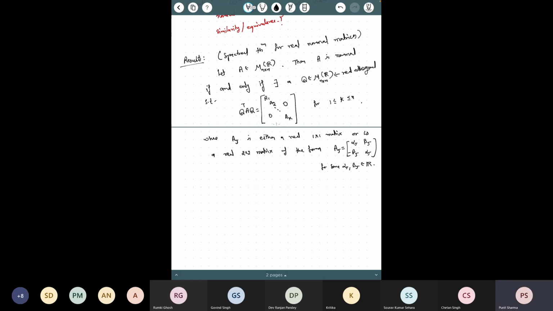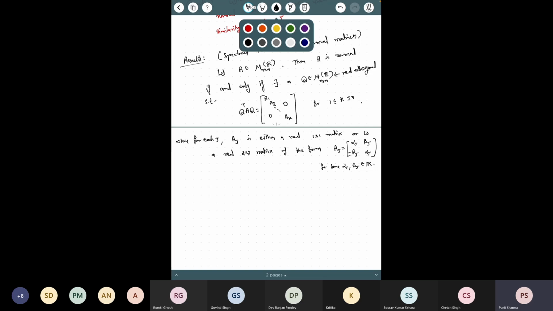So I can write here, where for each j, A_j is either a real 1 cross 1 matrix corresponding to a real eigenvalue of A, or a real 2 cross 2 matrix corresponding to a complex conjugate eigenpair of eigenvalues of A. So this is an if and only if result we need to prove.